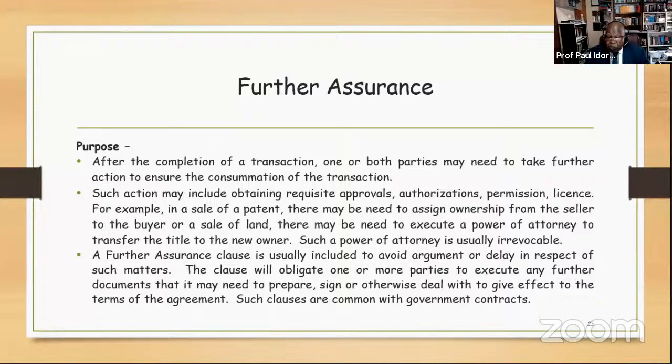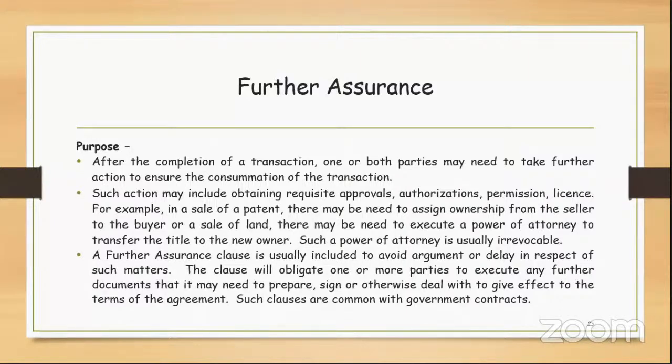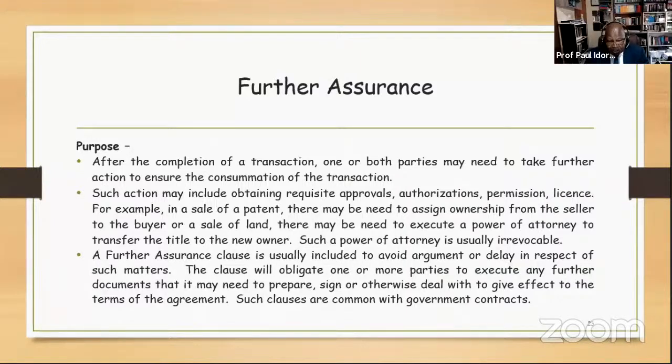So you include this clause in a contract to avoid any argument. You know, government, once you sell and they collect money, they will ignore you. So just ensure that at the point of negotiation, you have this further assurance in the contract. And if you go to NERC, for instance, and NERC is giving you a problem, you go back to BPE.